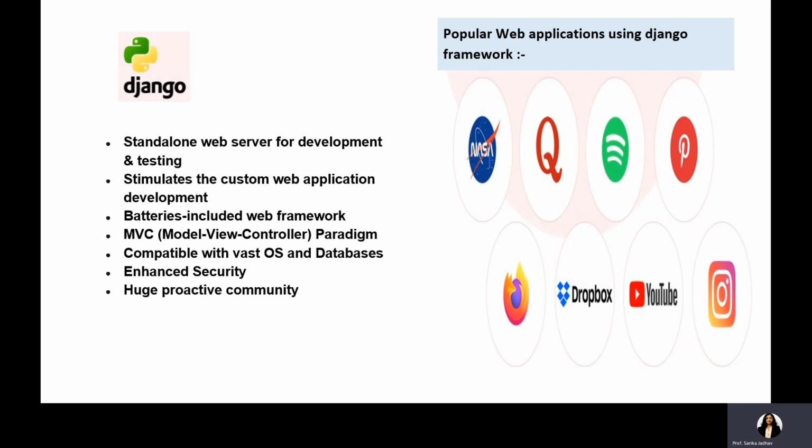Now, let's have a glance at the next server-side web framework, that is the Django framework. Django is a Python-based server-side framework, which is recognized as the best web development framework to develop back-end web applications.